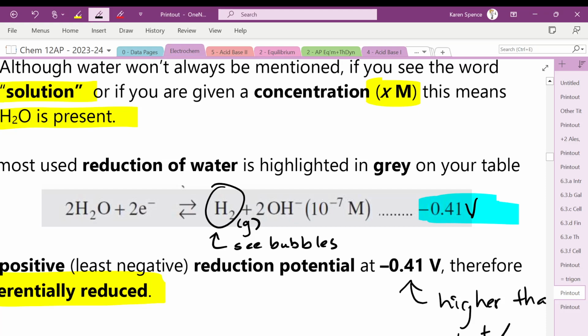Now, what if you added some litmus paper near the cathode? What else does this half reaction produce? OH-. So if we were to put litmus near the cathode, what color would it turn?